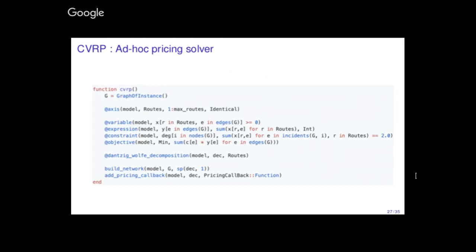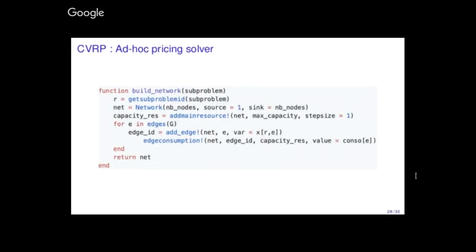So I take over the solution of the pricing problem, and typically you pass a function, and if you're solving using an RCSP solver, you will typically build a network to pass to the solver. So how would you build a network?